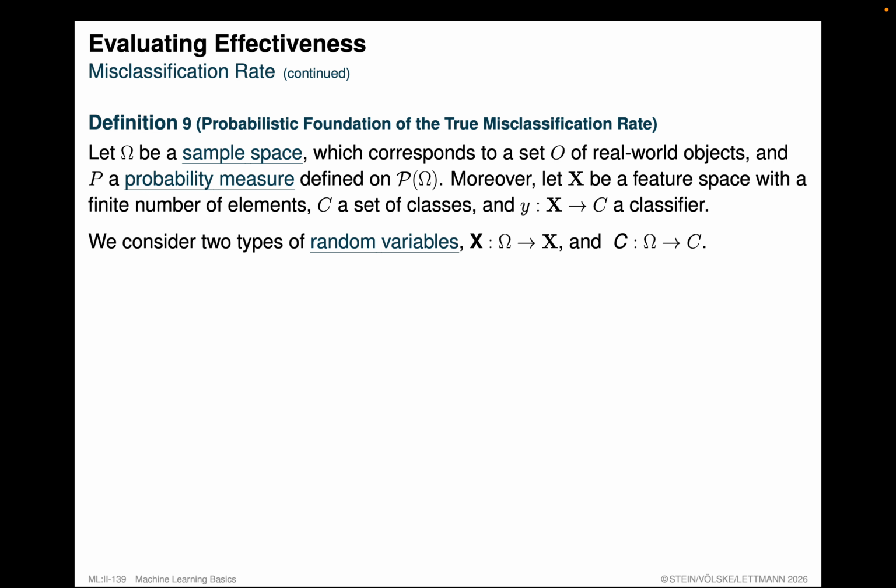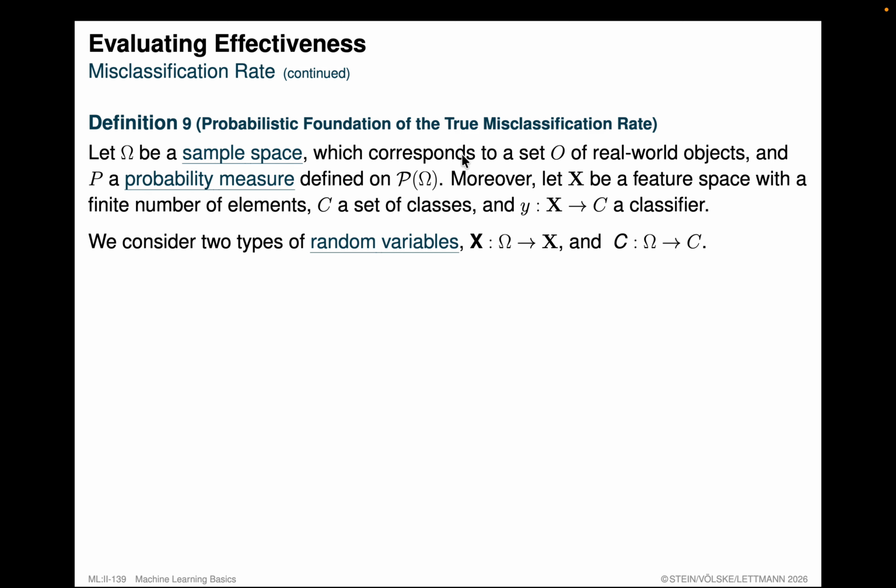And now, for comparison, the probabilistic view. We want to define here the probabilistic foundation of the true misclassification rate. And if you remember your stochastics lecture, you know what a sample space is. It is the set of outcomes of a random experiment, omega.